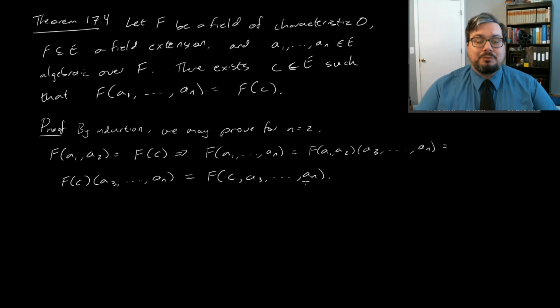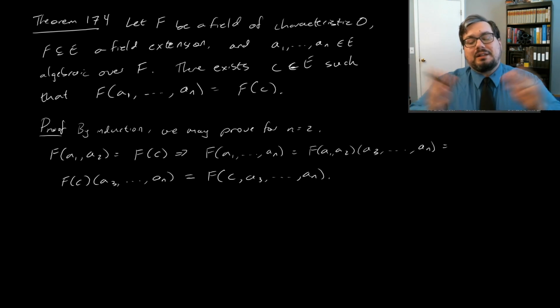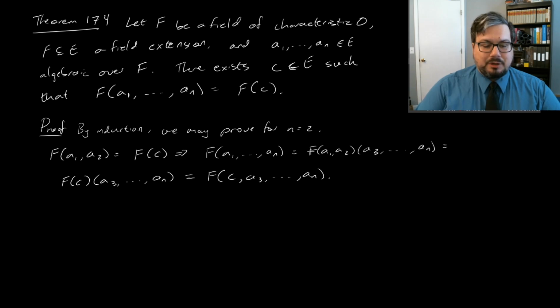So if we can prove that we can collapse down two of them, then we can collapse down any number of them. So that's what we're going to do here.